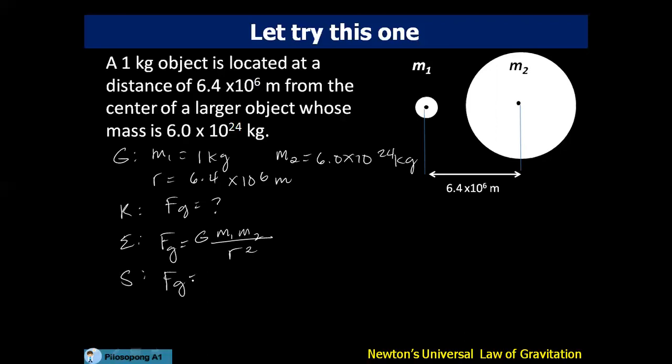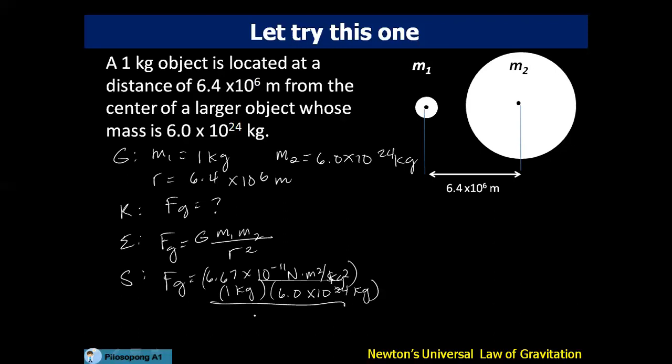So Fg is equal to 6.67 times 10 raised to negative 11 newton meter squared per kilogram squared, multiplied by 1 kilogram, and then multiplied by the mass of the heavier object, 6.0 times 10 raised to 24 kilograms, all over the square of the distance, that is 6.4 times 10 raised to 6 squared.